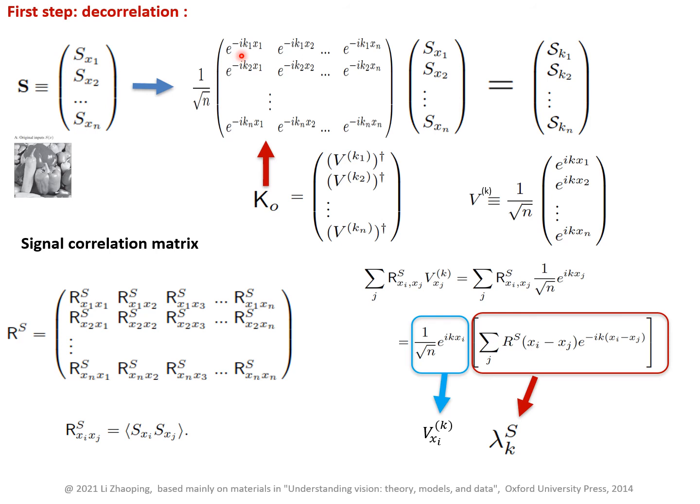In addition, each of these k's in each row really is the frequency of the Fourier waves, the spatial frequency. So k1 is the first frequency, k2 is the second frequency, and so on. And all these frequencies, k_i for the ith wave, satisfy this requirement. This is the total spatial extent. And so when the first wave i equals 1, this frequency equals 0.